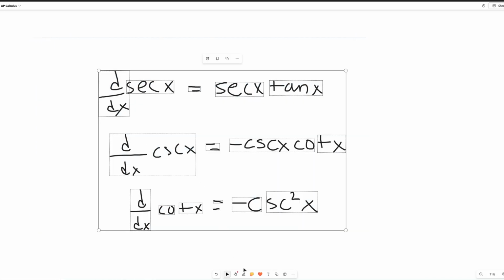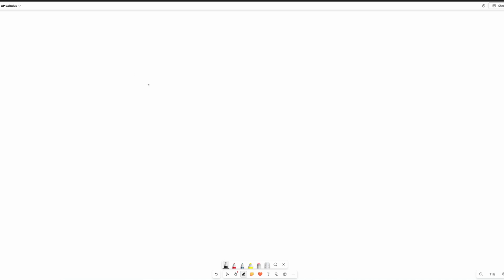So we're going to do some practice with multiple chains. Because if you have sine of ln of x squared plus 2, this can just be done by taking the chain rule over and over again.